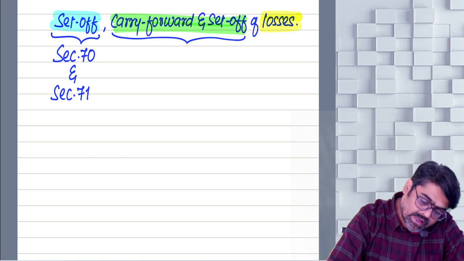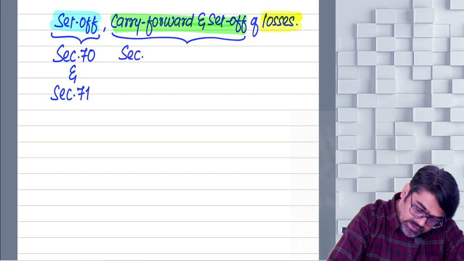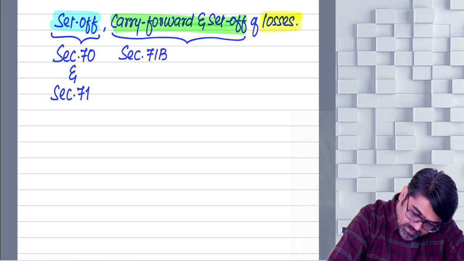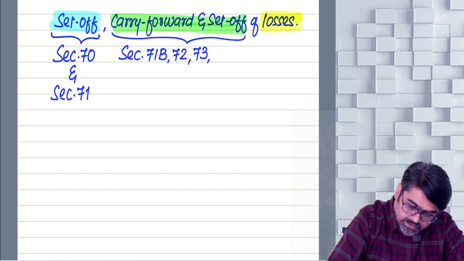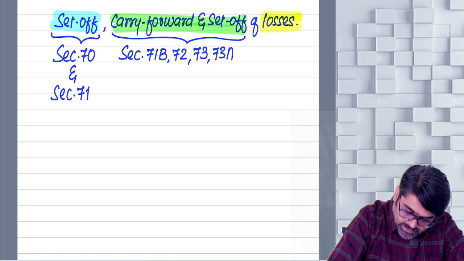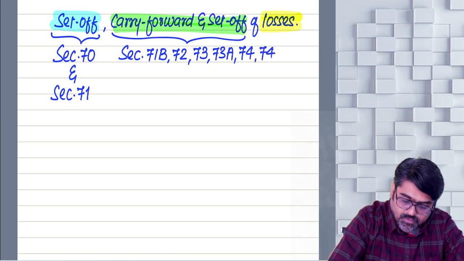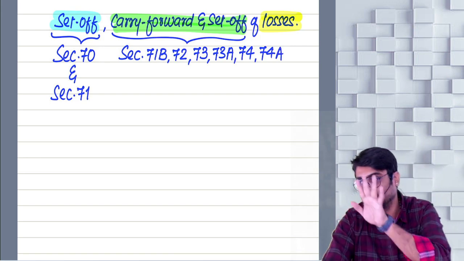Which are the carry forward provisions? Section 71B, 72, 73, 73A, 74, and 74A. We are supposed to do these sections.